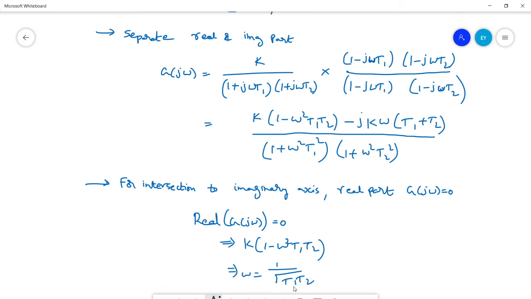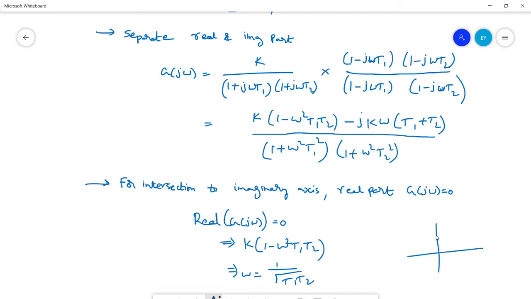If you have two poles without any pole at origin, two poles located at the left half of S plane, then the frequency at which the polar plot intersects the imaginary axis is omega equal to 1 by root of t1 t2, right?